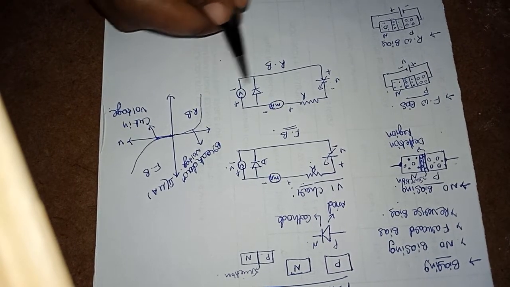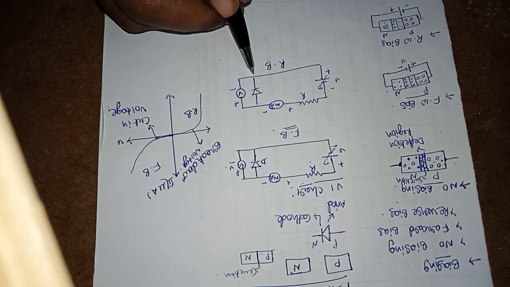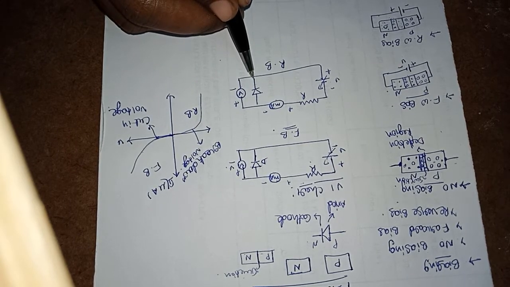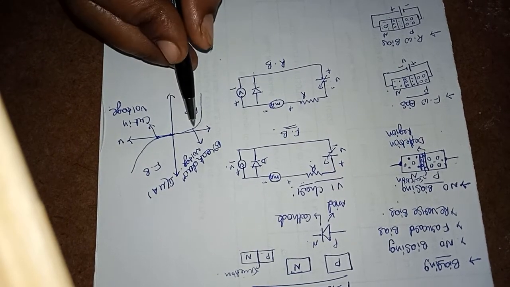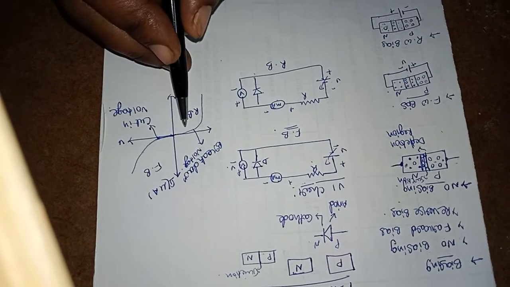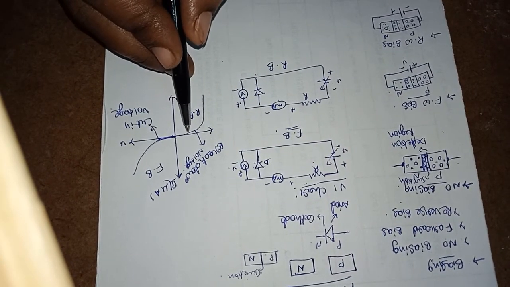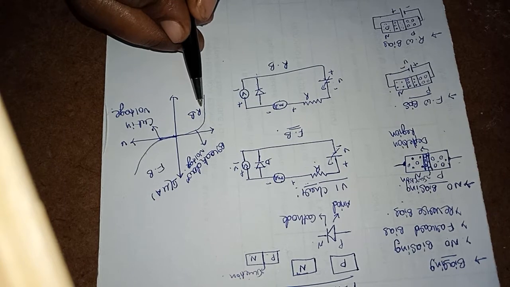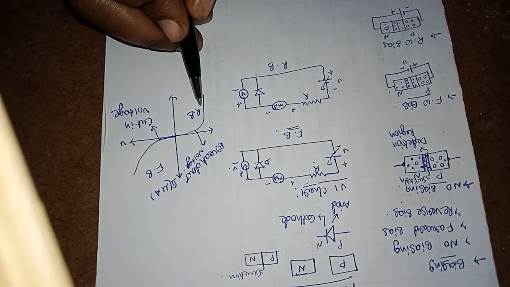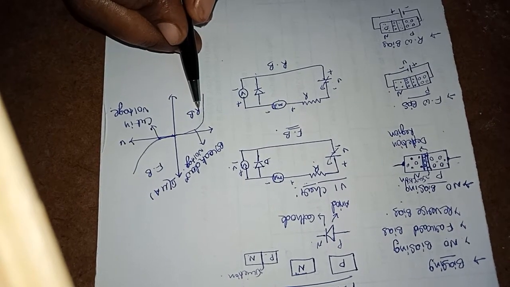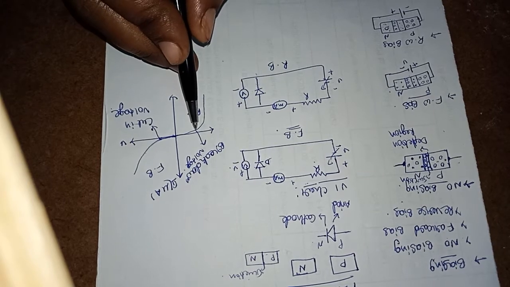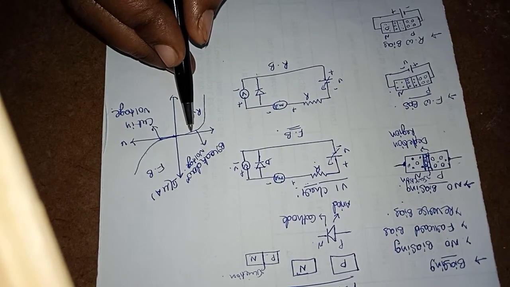So when the diode is in reverse bias, there is no current flow through the diode, but a small amount of reverse current flows through it because of the minority charge carriers.